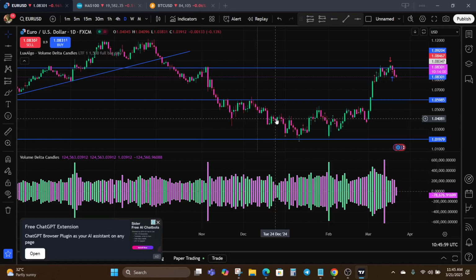If not, the breakout might be weak and likely to fail. So volume delta candles give traders an unfair advantage by exposing the real buying and selling pressure behind price movements. Whether you trade forex, stocks or crypto, adding volume delta analysis to your strategy can help you avoid weak signals and make more confident trade decisions.